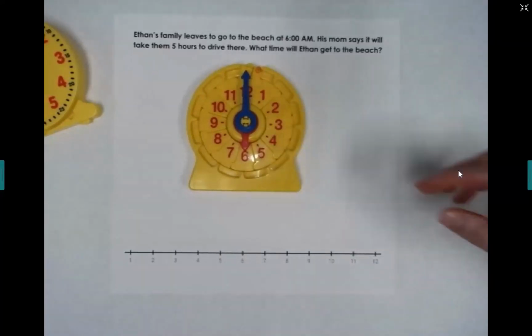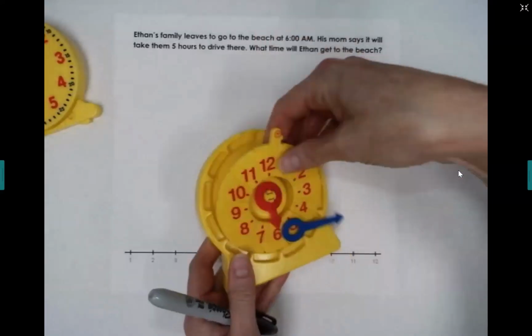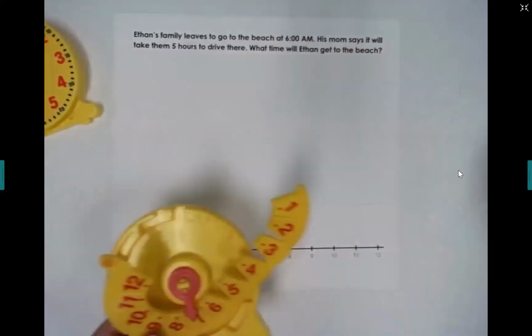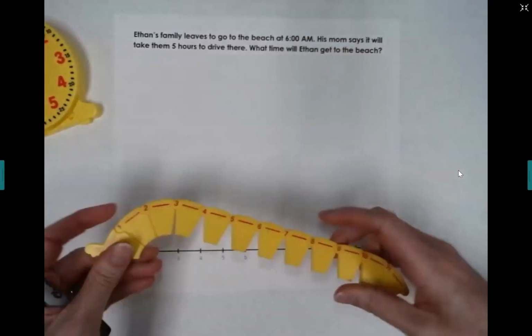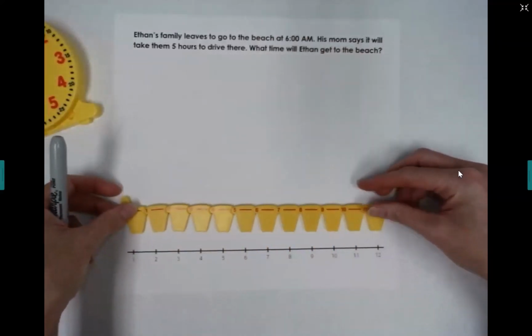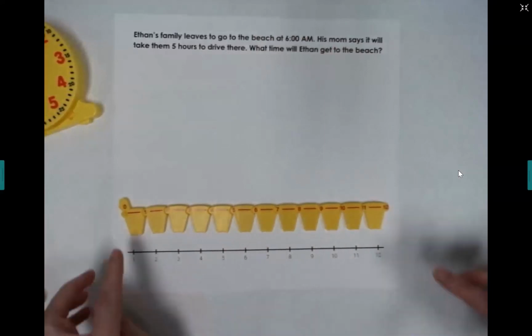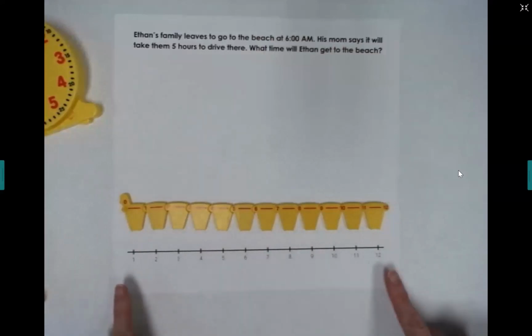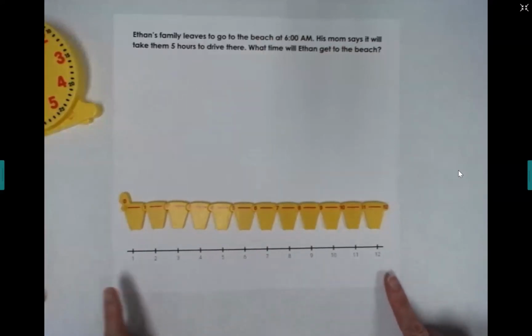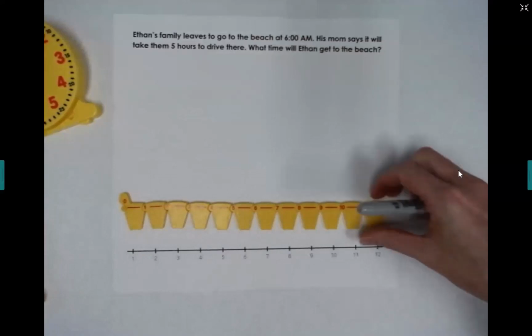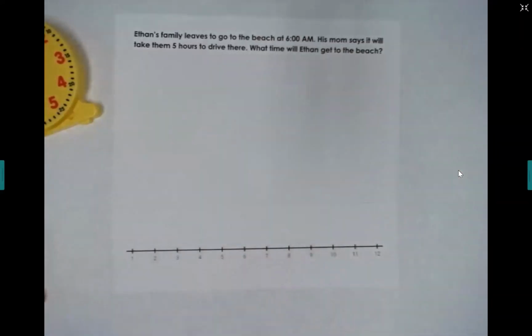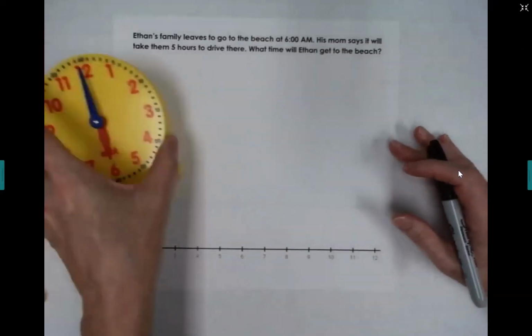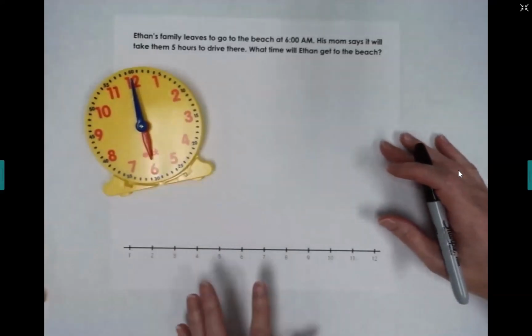And this is where our number line clock can come in handy because we can remove the numbers and I can actually line it up here and make a connection between the numbers going around my clock and this number line that we're going to use to show how each of these numbers represent 1 hour passing on the clock. Okay, so I'm going to scoot this over because I'm going to switch out here.